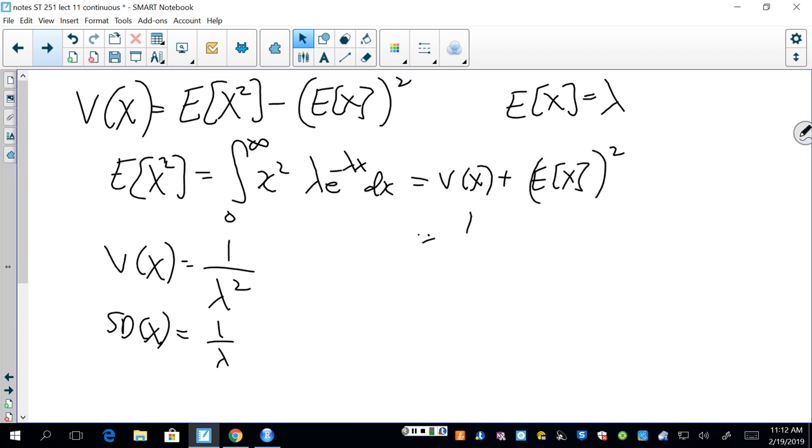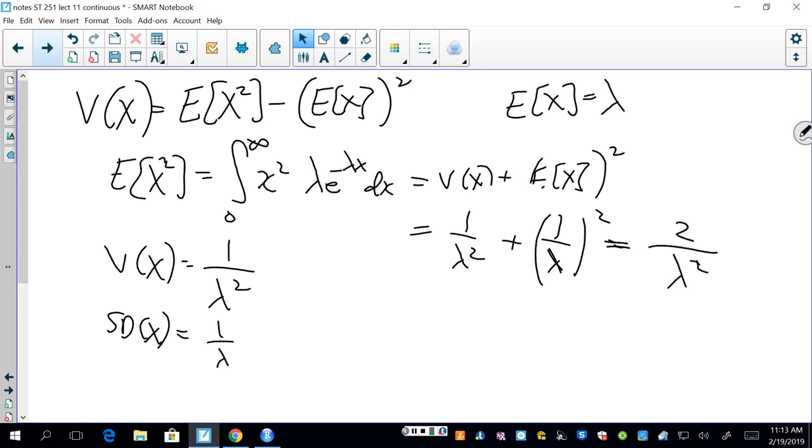So if the variance is 1 over lambda squared, and this is 1 over lambda, quantity squared, this should end up being 2 over lambda squared for that second moment. If you went through directly to do that, that would be the answer you would get. But I'm just telling you the conclusion that the variance is 1 over lambda squared.